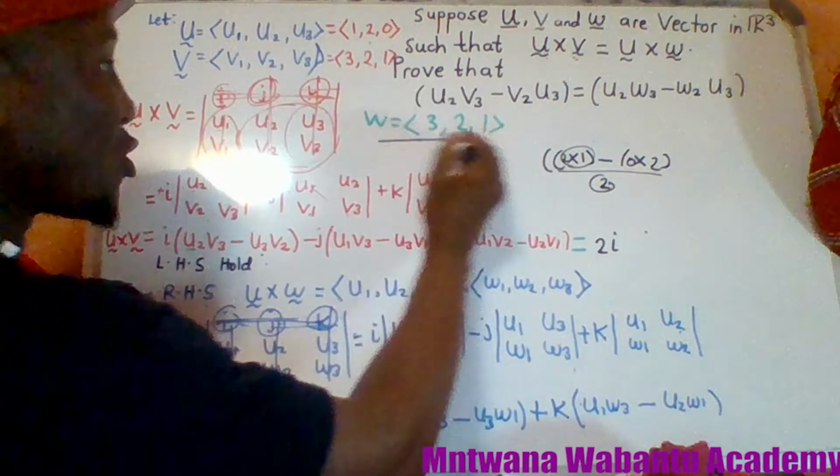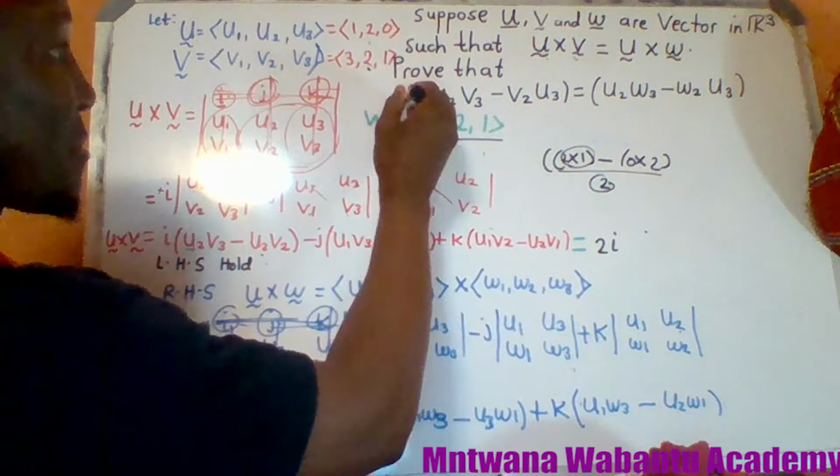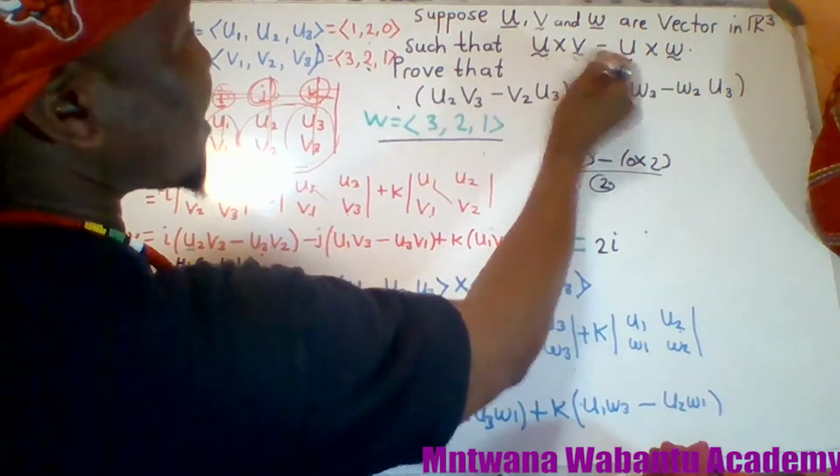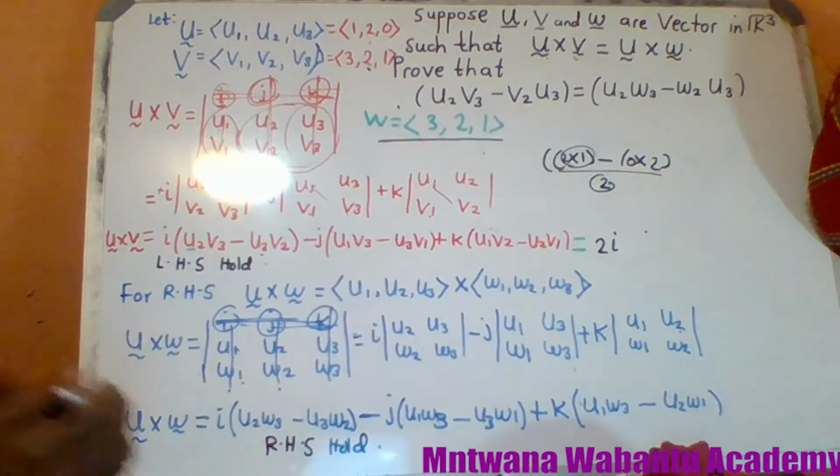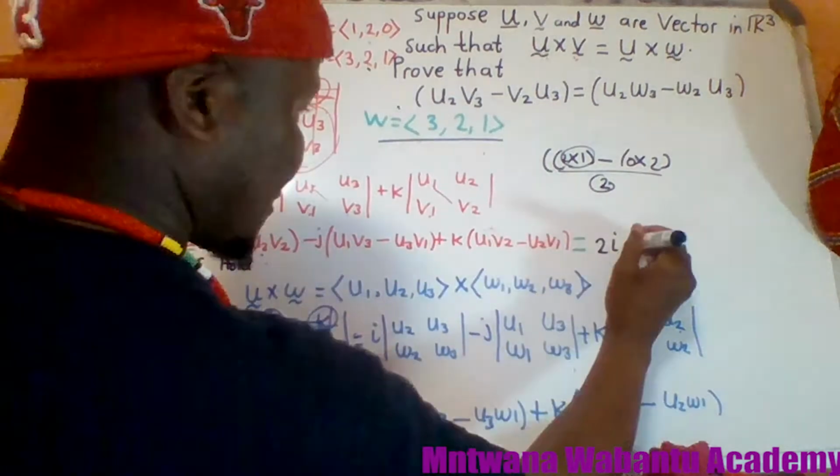Make sure in your solving you say let U equal 1, 2, 3, V equal 3, 2, 1, and W equal to V, since W and V must be the same.